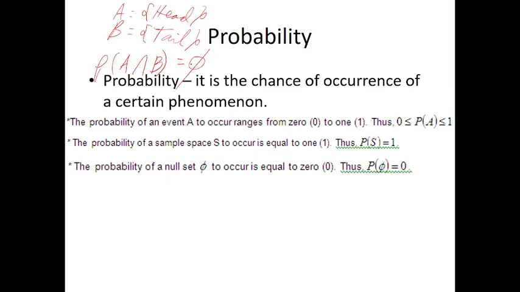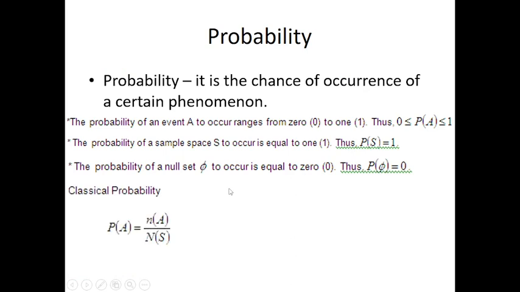Okay? So, A intersection B is an empty set or a null set. Therefore, 0 ang probability. Okay? So, impossible event, in short, na pareho yung dalawang event na yun ay mangyayari. So, the probability of a null set phi to occur is equal to 0.